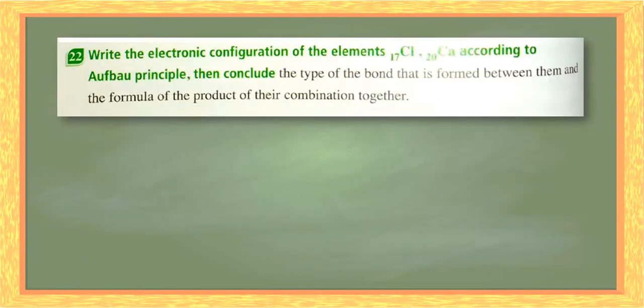Question 22 says: write the electronic configuration of the elements chlorine 17 and calcium 20 according to the Aufbau principle, then conclude the type of bond formed between them and the formula of the product of their combination. According to the Aufbau principle, orbitals are filled with paired electrons first and unpaired electrons at the end.